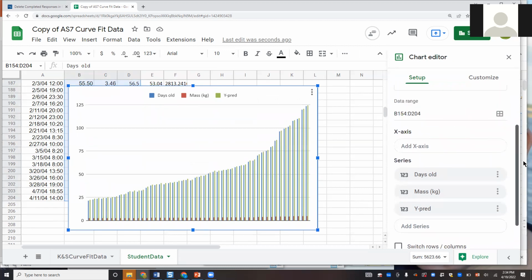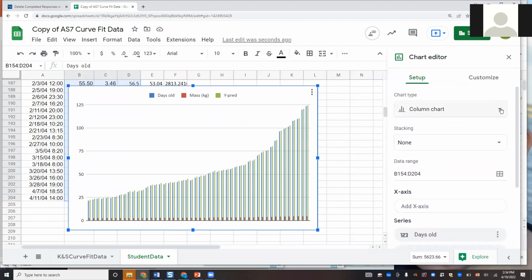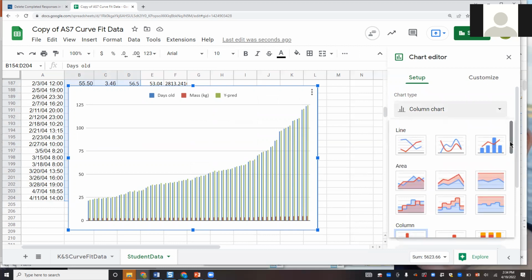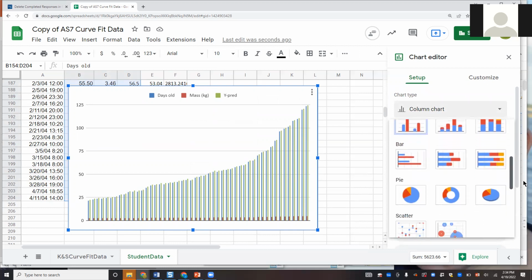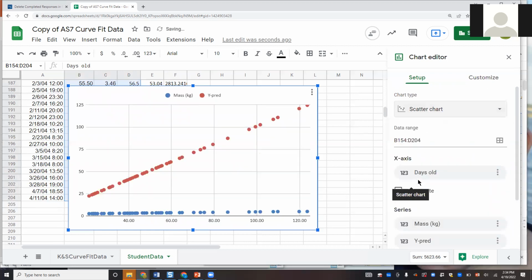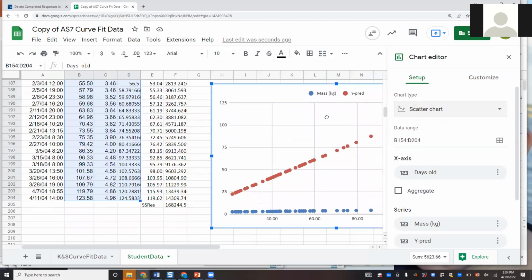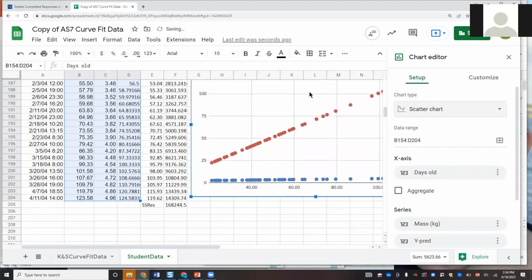Okay, column type. So we want type, and we want to choose scatter again. Okay, hopefully you have a graph that looks like that, which is again pretty dreadful as a fit. So this is our fit line, and this is our actual data.